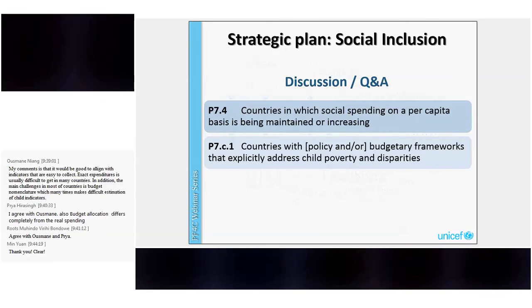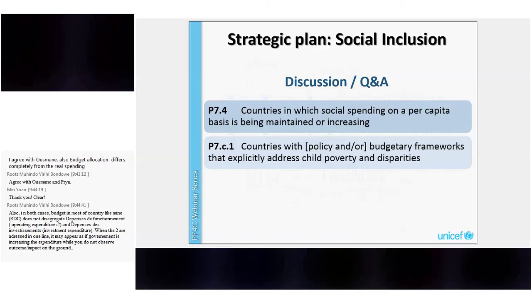Okay, so very quickly, Priya, you're totally right. Budget allocation does differ from real spending. That's why 7.4 will capture the actual spending and 7C1 the allocation. There are a couple of reasons why allocation is done for 7C1. First of all, Usman, something to think about here is that what we're trying to collect is not child spending.